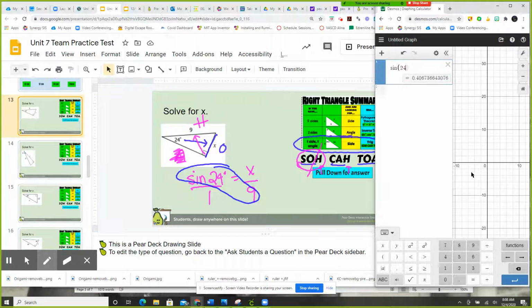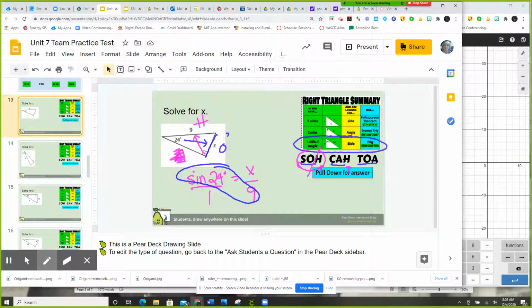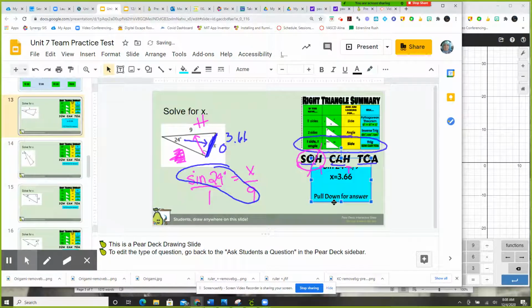So sine of 24. Make sure you close those parentheses, and then times 9. And we get 3.66. Does that make sense? Is that a reasonable answer for that short side? Yeah, because I know it's got to be smaller than 9, because 9 is the hypotenuse.